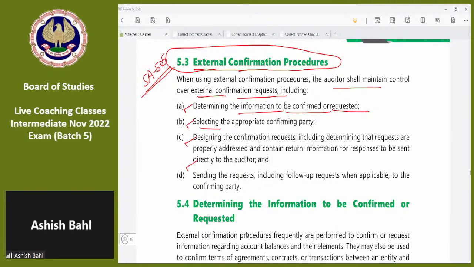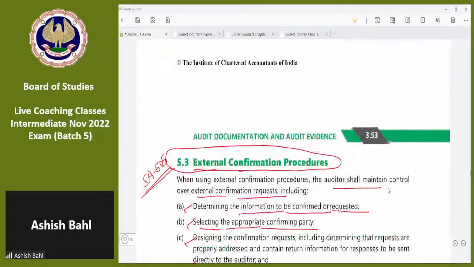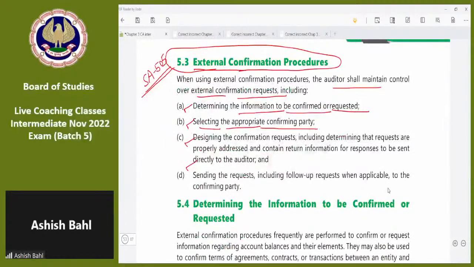Now the second point is selecting the appropriate confirming party. He has to select the party from whom confirmation has to be sought. Now students, we had learned that confirmation should always be sought from the person who has knowledge of that subject matter.